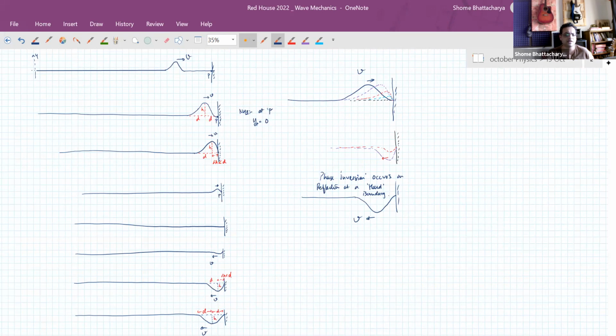And then again, that maximum kinetic energy is converted to a combination. And by the time the inversion is completed, it has that same kind of balance of kinetic and potential energy as the original incident pulse would have had. So this is our incident pulse in this diagram. And once the reflection is complete, this is our reflected pulse.